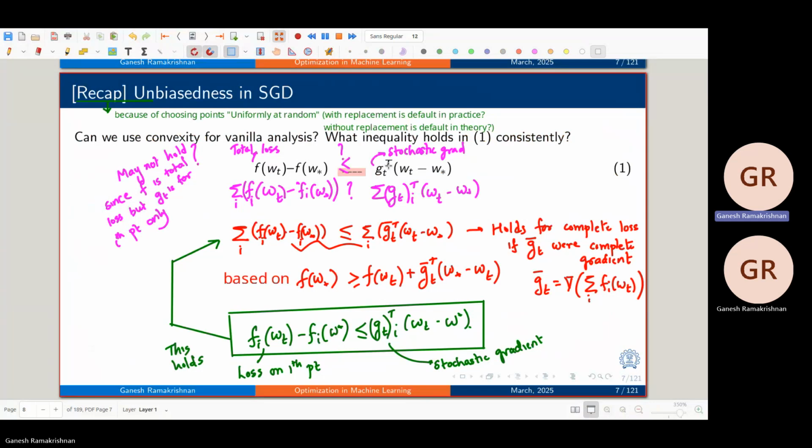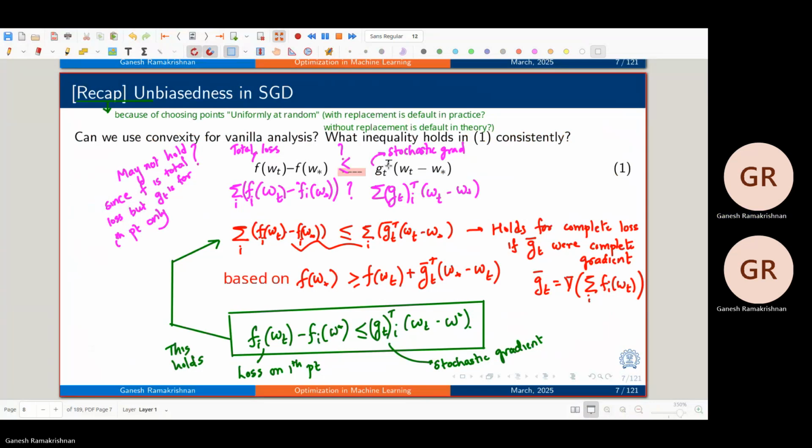Now work backwards. If you bring f of W star to this side, f of W_t minus f of W star is less than or equal to g_t transpose times W_t minus W star, which becomes W star minus W_t. So this is fine. I think that's what I had written earlier. No problem.